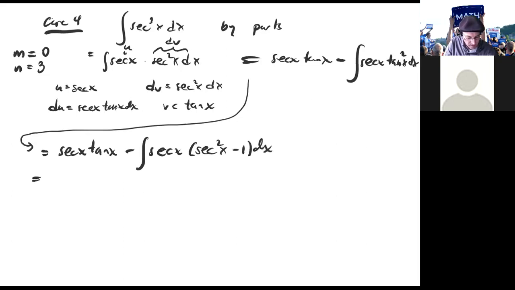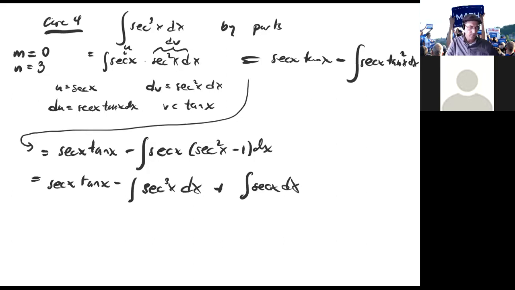And then I'm going to expand. So this becomes secant x tangent x minus the integral. If I expand, the first term becomes the integral of secant cubed of x dx. I'm breaking up the integral into two parts, and then minus minus is plus, and you get an integral of secant x dx.